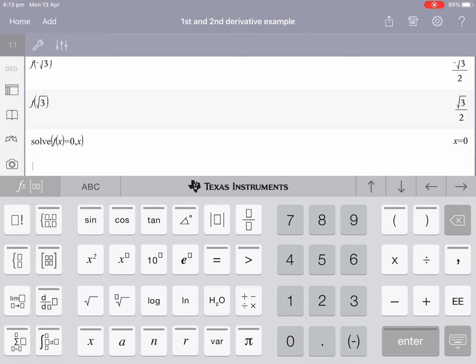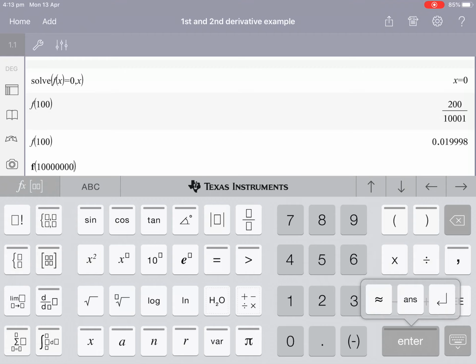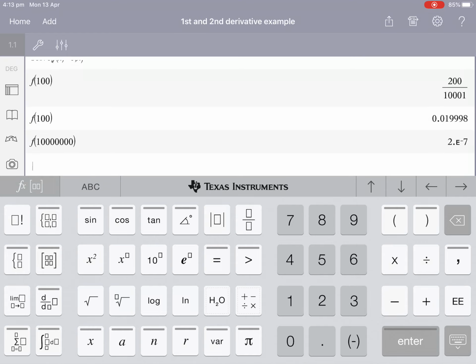But also, if we just think about, well, what happens when my x value gets really, really large as it approaches infinity? Again, using the calculator, okay, what if x was 100? Now that value is a small number. All right, so we're in the hundredths now, nearly 200ths. What about if we went to, say, 1 million, 10 million? Let's get an approximate answer there.